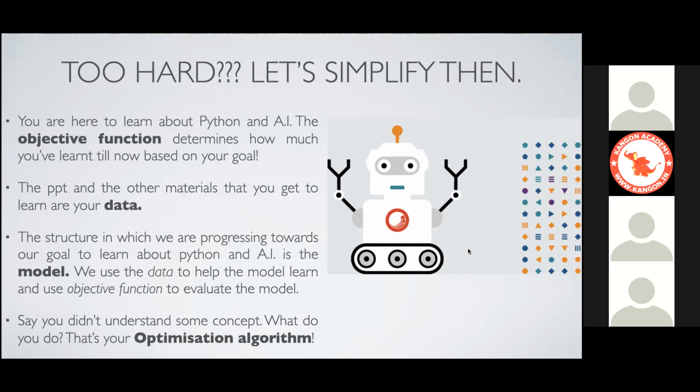Right now, what we have done is we have learned how to treat the data. We have also learned how to write the objective functions or the model or the optimization algorithm using Python. Next, whatever we are going to learn will be based on implementing all the things that we have learned till now to get some good results.